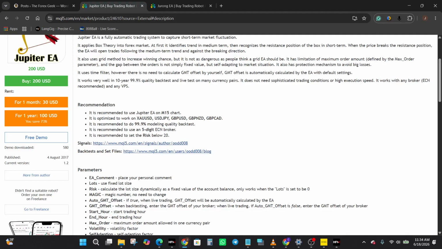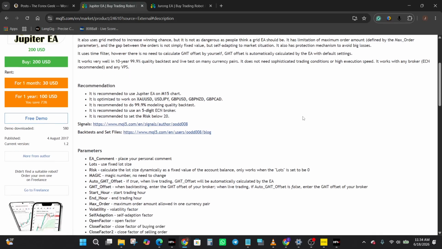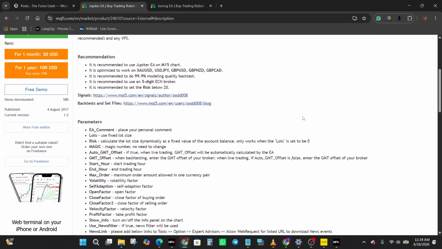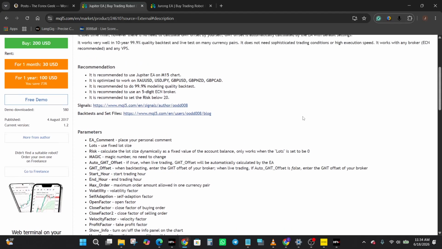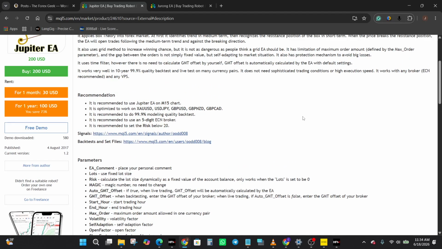As I continue through the page, the developer also highlights additional protection mechanisms, although the exact details are not fully disclosed. Another feature mentioned is the built-in time filter, which includes automatic GMT offset calculation during live trading, helping simplify setup for different broker environments. The marketplace listing provides some clear recommendations as well.